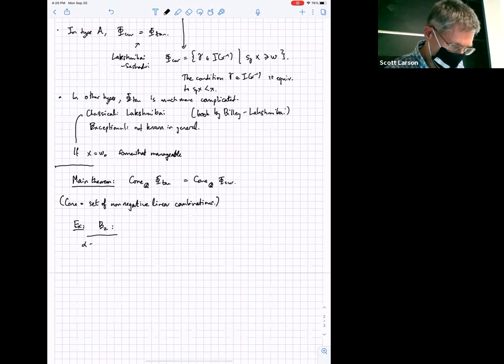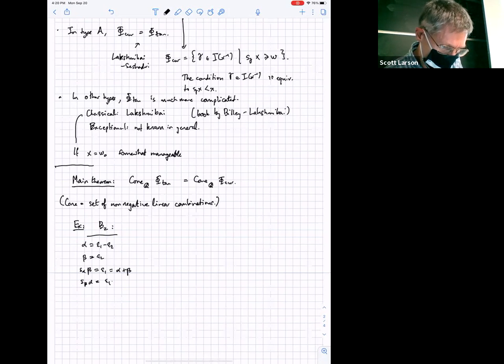The positive roots are alpha equals epsilon 1 minus epsilon 2, beta equals epsilon 2, S alpha of beta equals epsilon 1, which is alpha plus beta, and S beta of alpha equals epsilon 1 plus epsilon 2, which is alpha plus 2 beta.